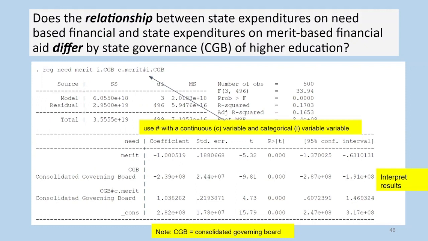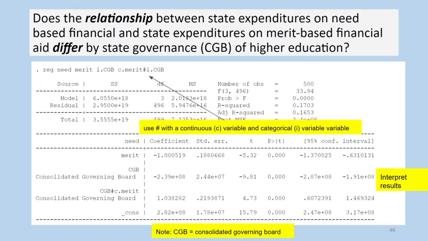And we use that hash mark because that's telling Stata we're going to create this interaction variable. We get the same output, right? An ANOVA table, which we don't care about. This is what we care about, right? So we get merit. There's the negative relationship between merit and need, right?